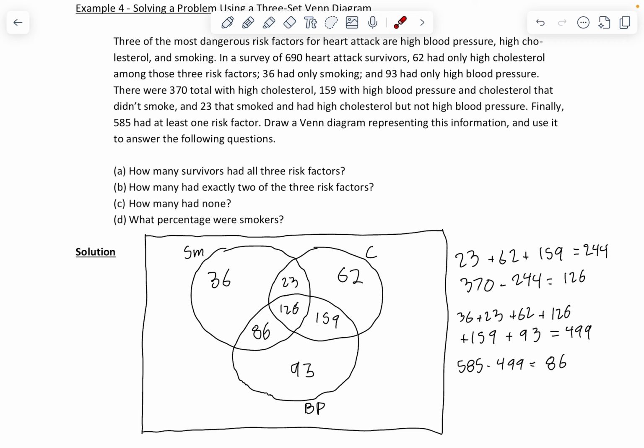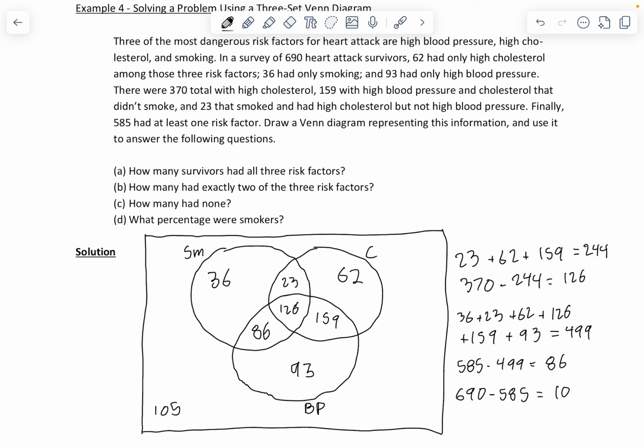The survey included 690. So the last region would be those out here, those who had none of the three risk factors. That is found by taking the total, 690, subtracting the 585 that had at least one risk factor, and that works out to be 105. And that I can put down here. So there's my Venn diagram.